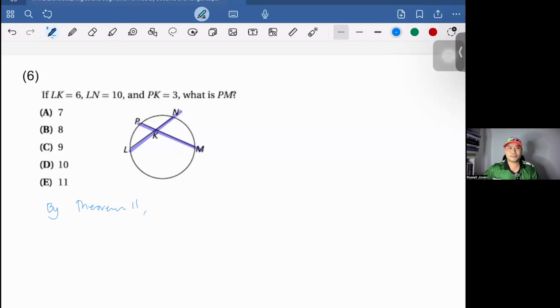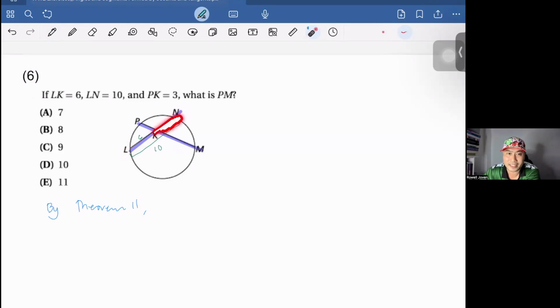So let's now answer problem number 6. If LK is 6, let's label the figure. LK is 6. LN is 10. So if this is 10 and this is 6, how do you get the measure of KN?